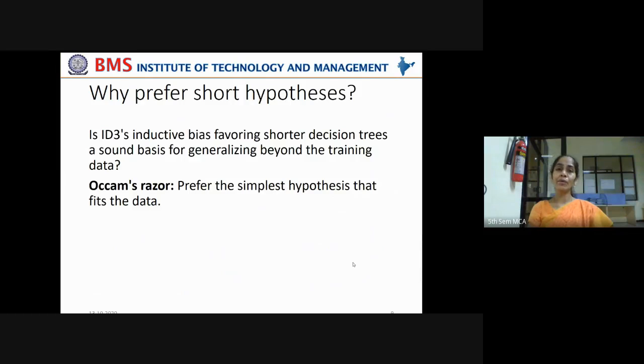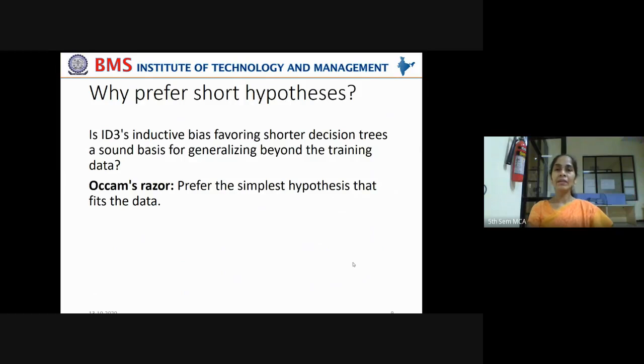Take the equation E equals mc squared, or the equation for gravity. All these equations are given in a very simple format, though there is a complex concept lying behind them, right?